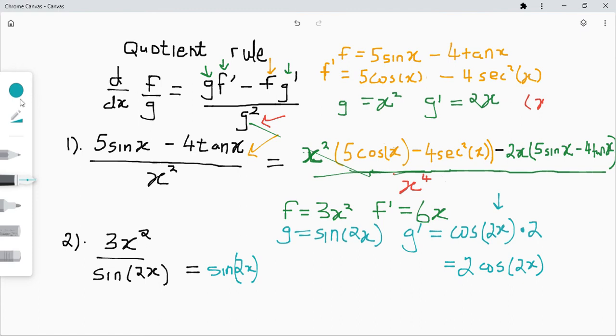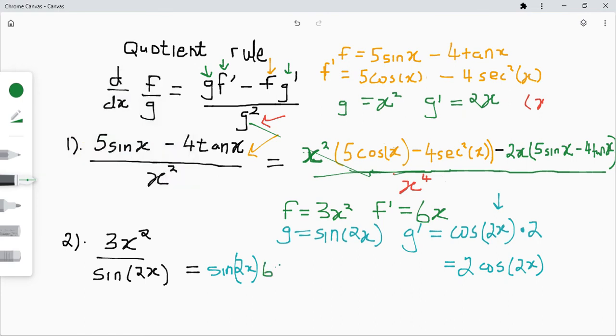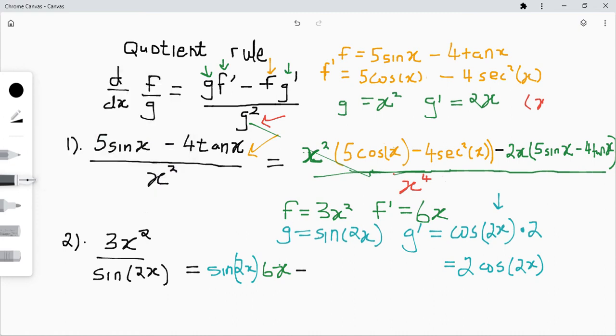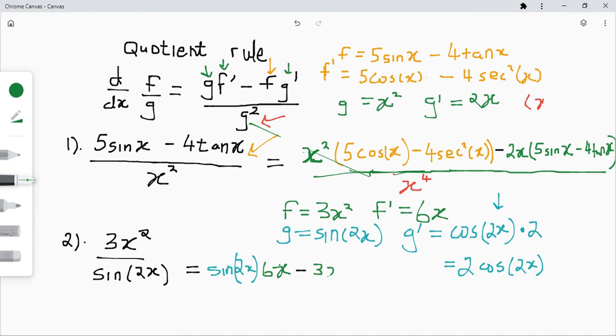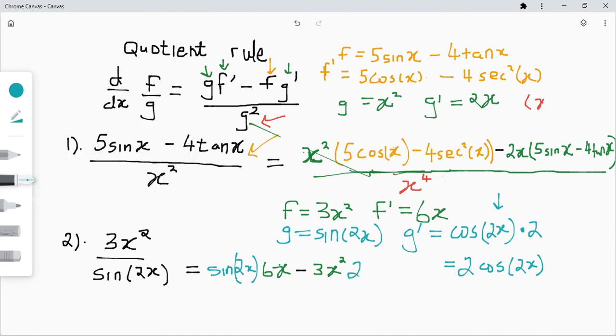F prime is 6x, so we put 6x, minus our f, which is 3x squared, times our g prime, which is 2 cos 2x. That is for the numerator.